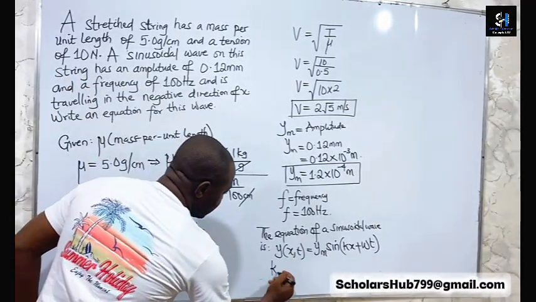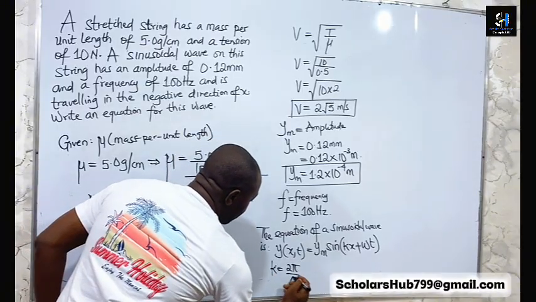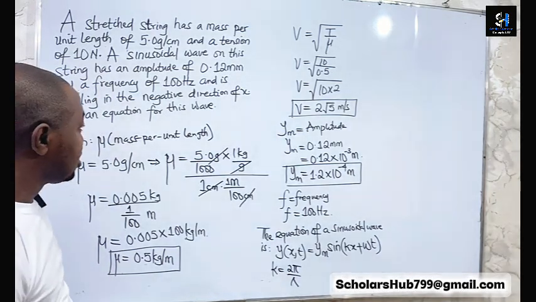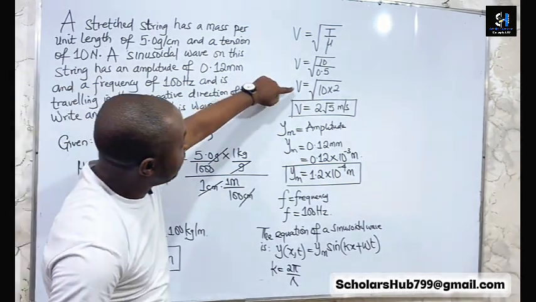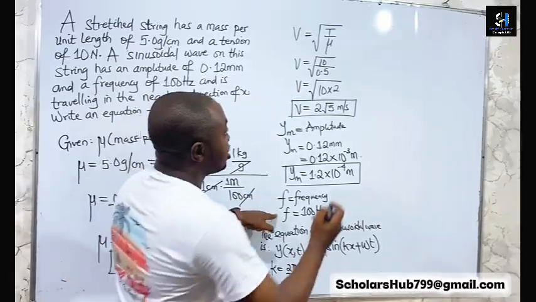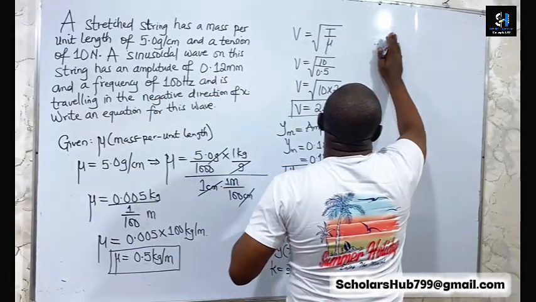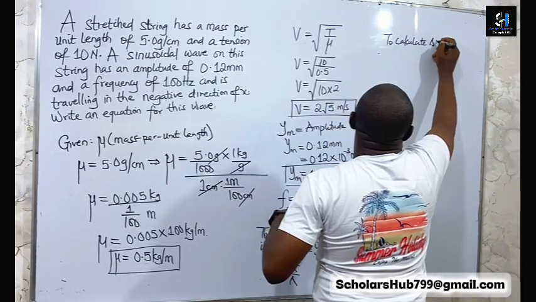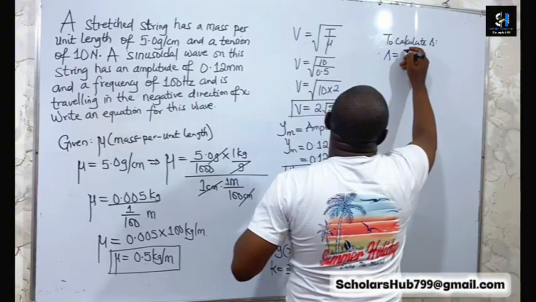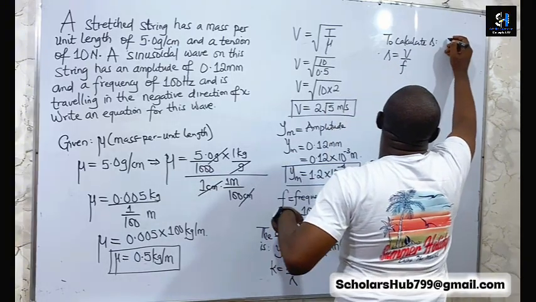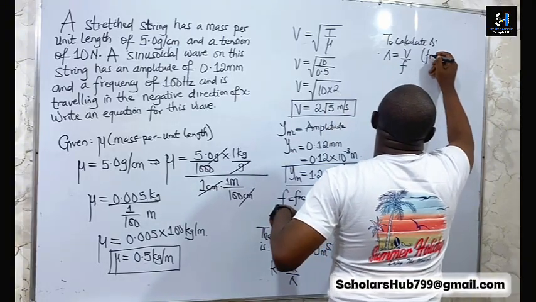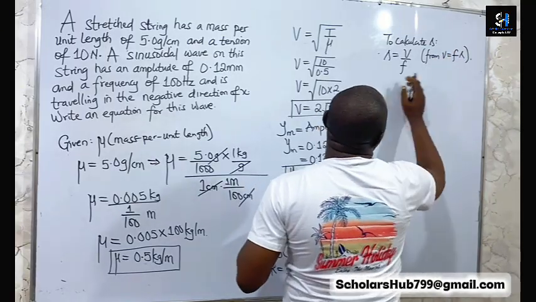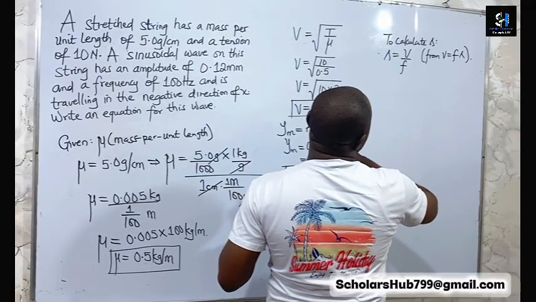We know that k is equal to 2 pi over lambda, so we need to know the value of the wavelength. To calculate the wavelength, we have the velocity and frequency. From v equals f lambda, lambda is equal to v over f.